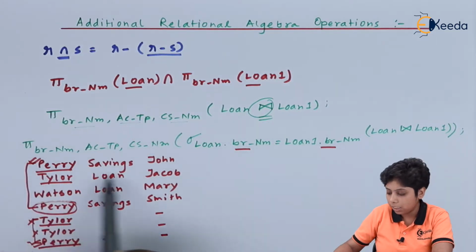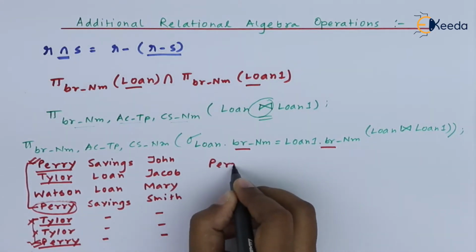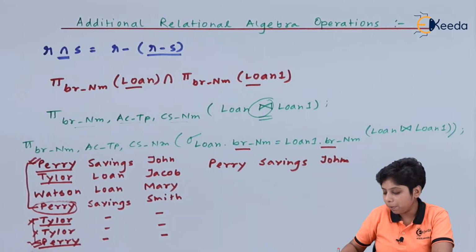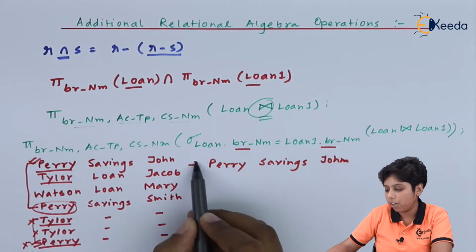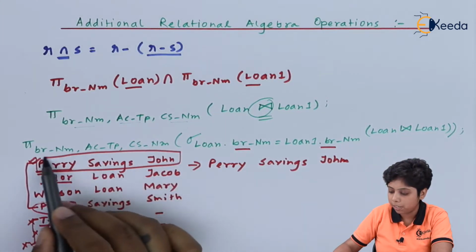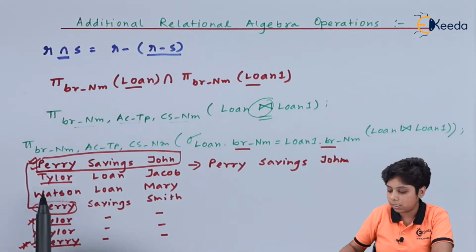So now this will be the resulting first part of the output relation. So the desired output will look like this on the first row. See, this Perry is being eliminated in our result. We are only having this relation because this Perry is being matched with this one. Our next one is Tyler.